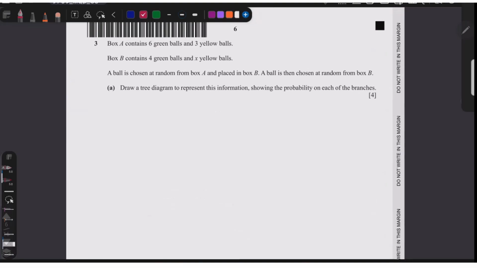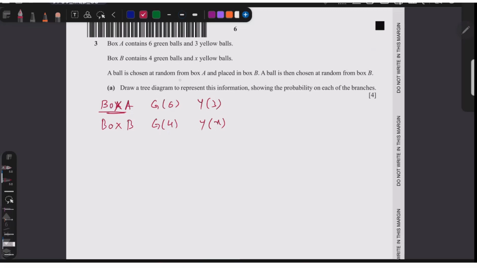This is question number 3 and it says box A, let's write the information. Box A has 6 green balls and 3 yellow balls, and box B contains 4 greens and X yellows.